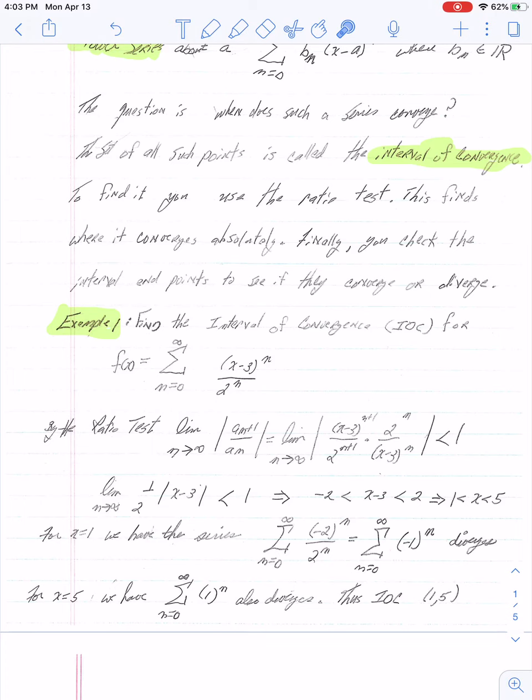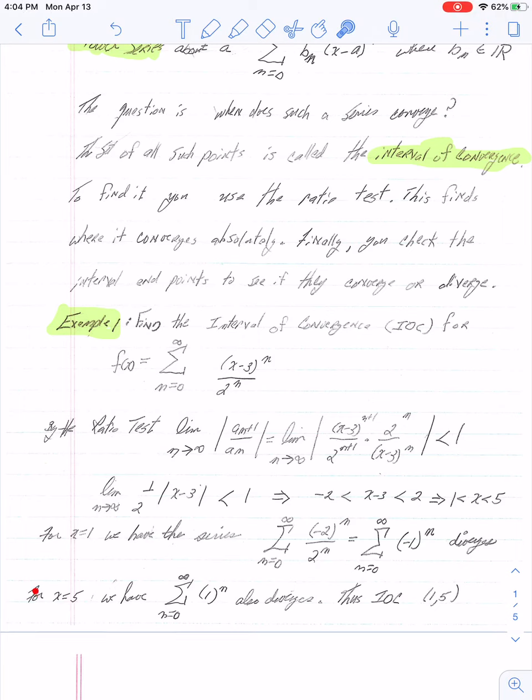That is a geometric series, r to the n, with r being minus 1. Do you remember geometric series only converge if the absolute value of r is less than 1? Well, the absolute value of r is not less than 1, so the series diverges.